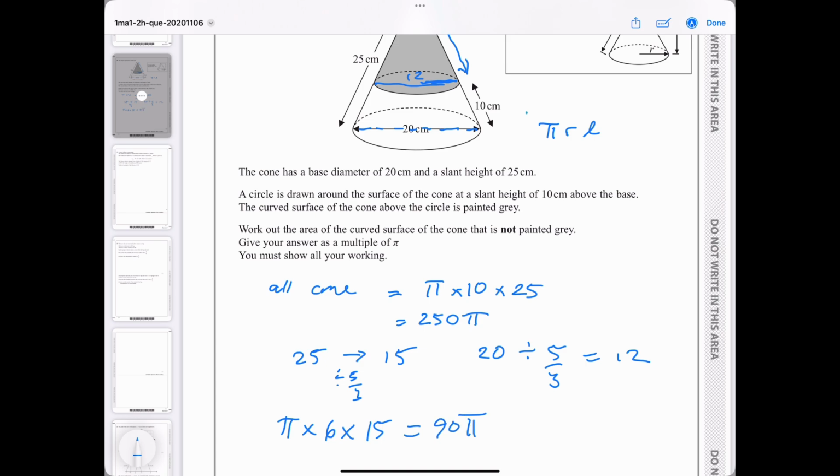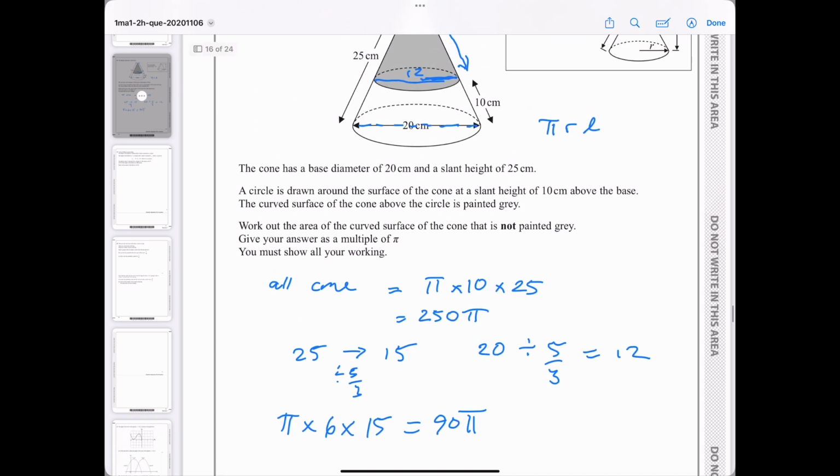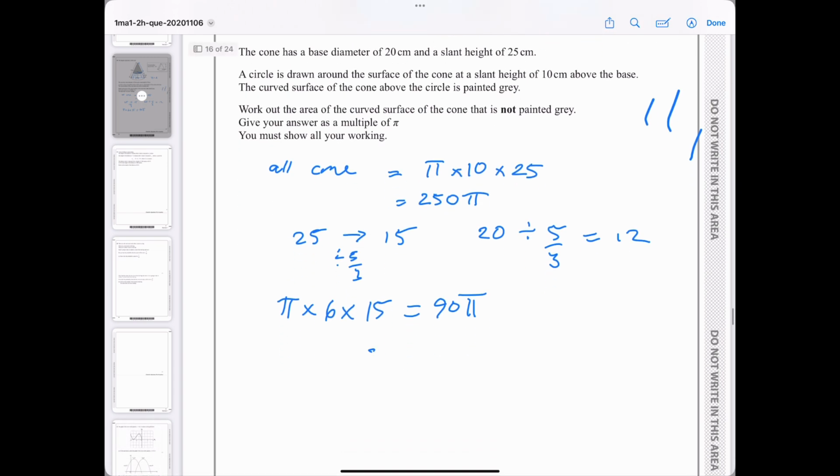So the area that isn't painted grey is going to be 250 pi minus 90 pi, which is 140 pi. No, it's not, it's 160 pi. There you go.